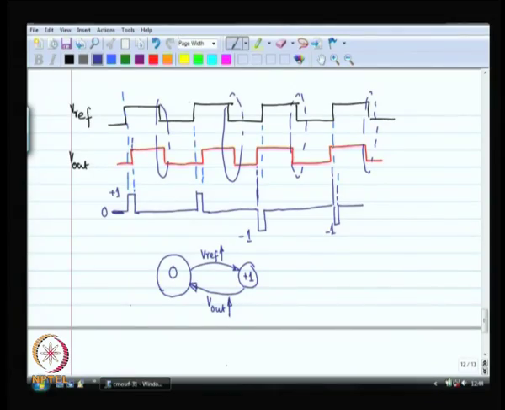Now, while I am in 0, if a rising edge comes for V out, then I want to generate a minus 1. And then after that, while I am in the minus 1 state, if the rising edge for Vref comes, I want to return back to the 0 state.